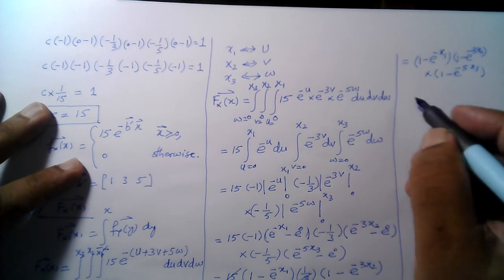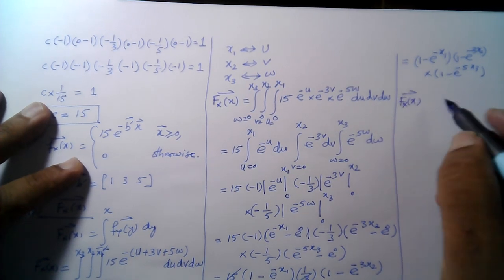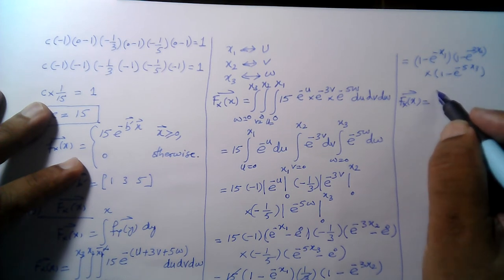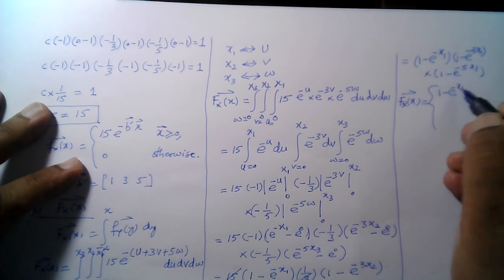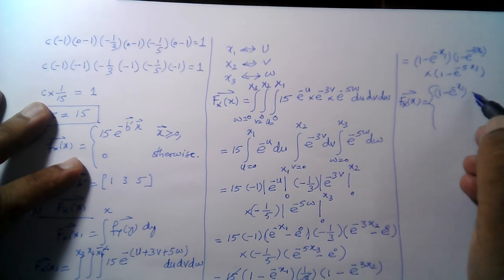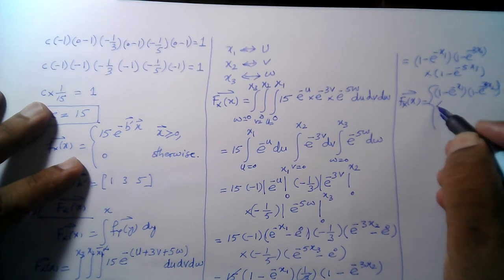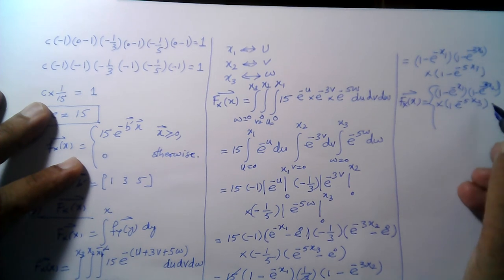So basically the CDF F_X of x is given by this expression: 1 minus e raised to power minus x1, multiplied by 1 minus e raised to power minus 3x2, and multiplied by 1 minus e raised to power minus 5x3, right?